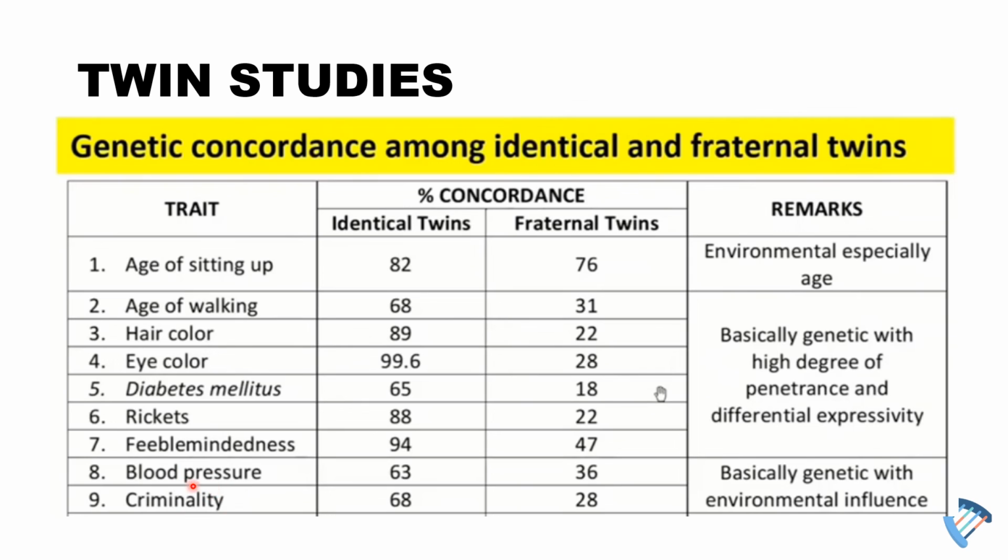Tapos, itong blood pressure, criminality, medyo mataas yung identical twins pero hindi naman ganun kababa yung fraternal twins, meron yung influence ng genes, with a little influence ng environment. Yun na yung blood pressure at criminality na tinatawag.